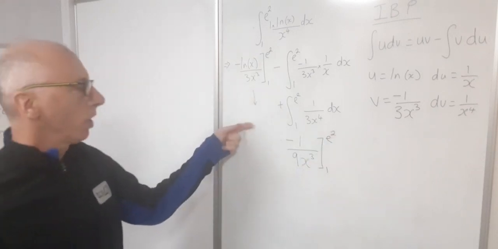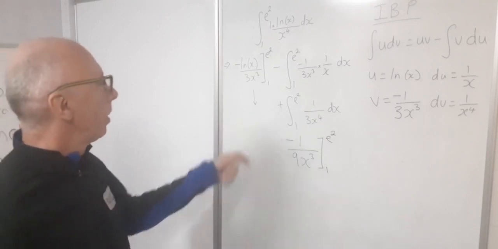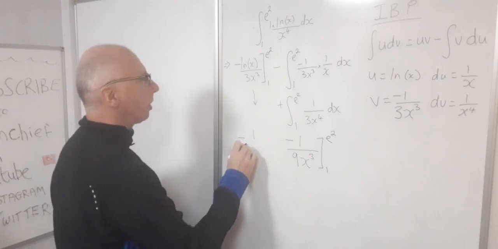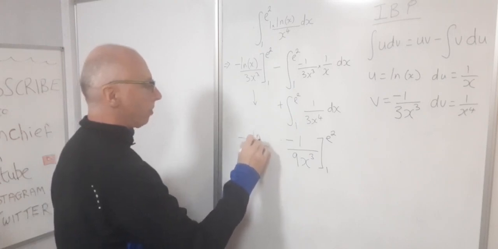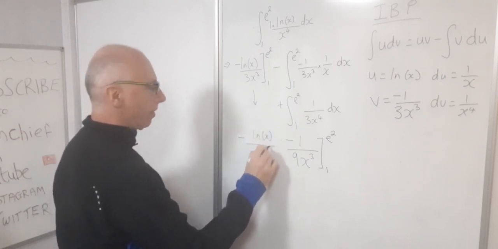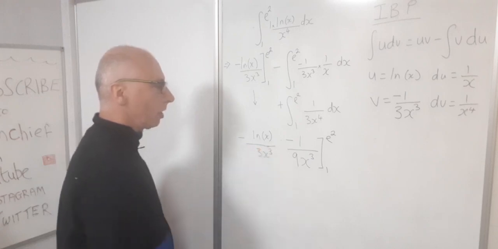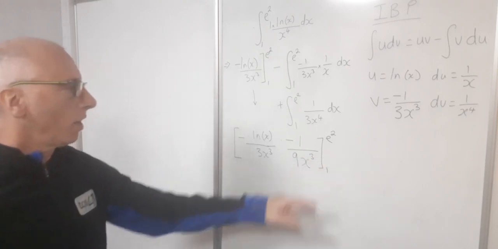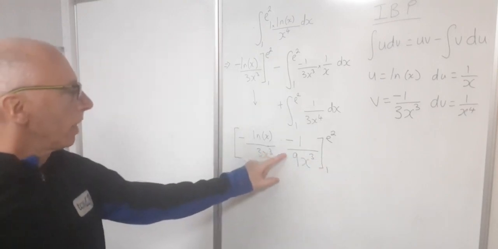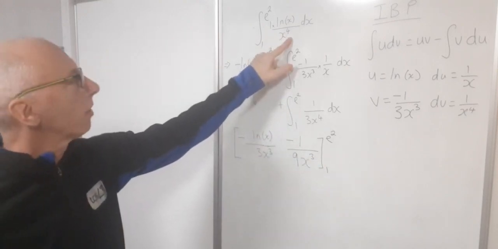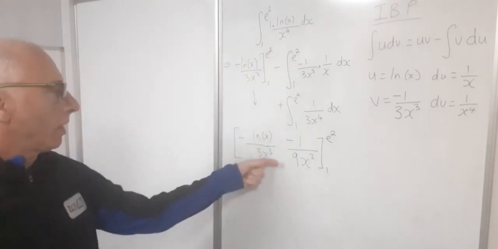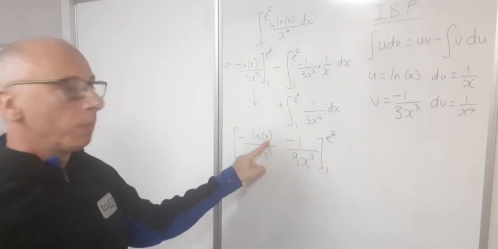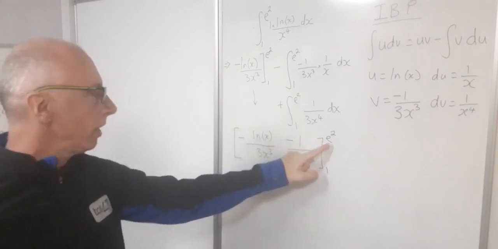Okay, so now all I need to do is calculate all of my values. So I'll bring this down. It's now minus 1 times log of x over 3x cubed, and then this whole thing is calculated over these parameters. So that's my integral calculated out. Now I need to just evaluate. Wherever I see an x, I plug in e squared.